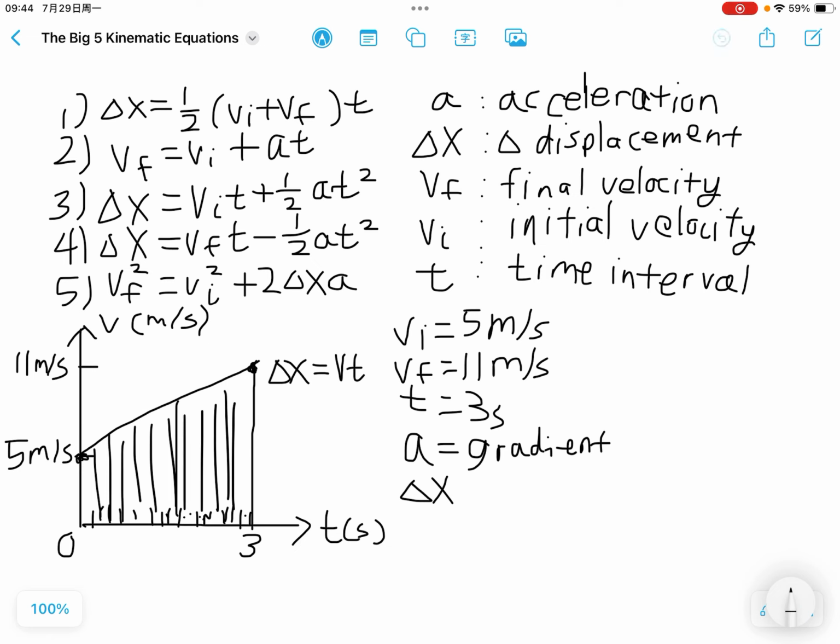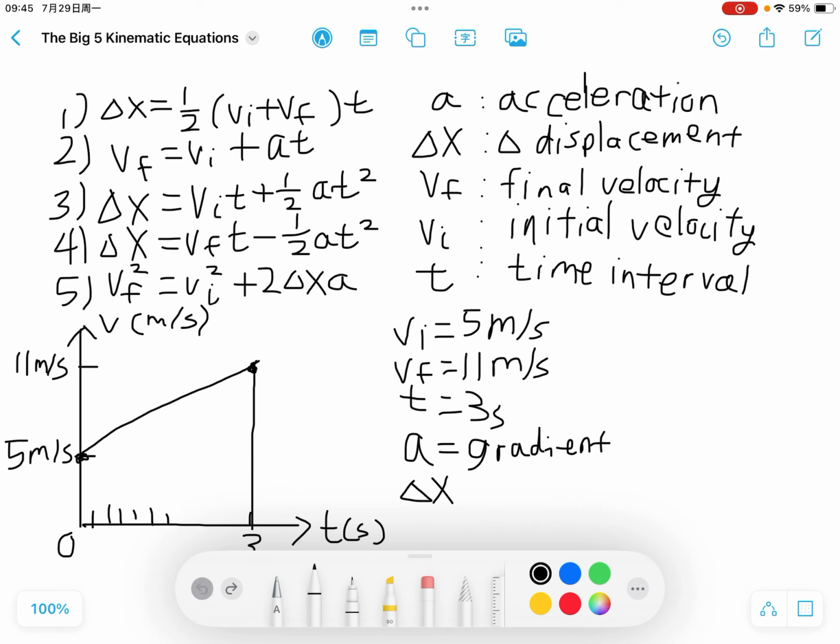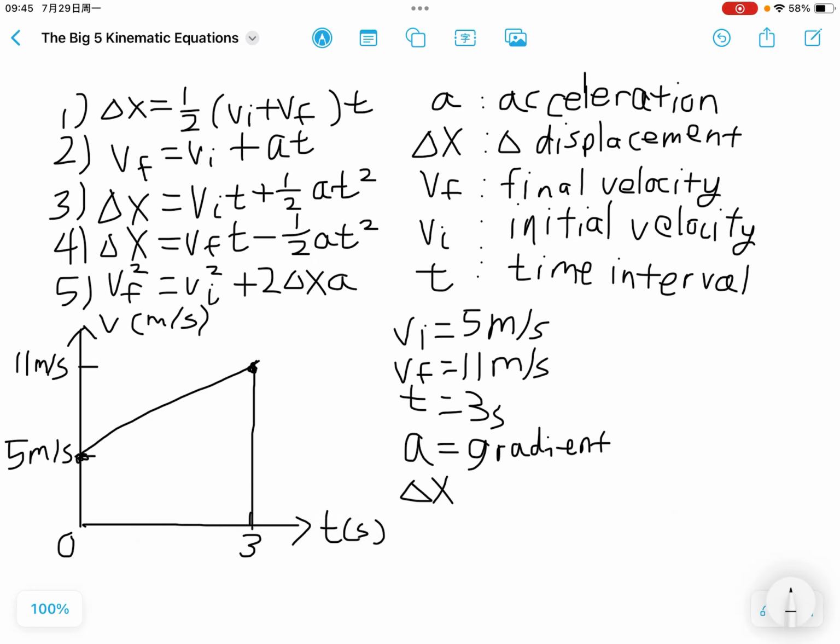So if you have all these tiny intervals together and you add them up, then you get the total distance that you've traveled, the displacement you have traveled. So if you add all the infinitely small changes in displacement in these infinitely small time intervals, then you get the change in displacement for the total time interval, 3 seconds. And what is the sum of all of these infinitely small changes in displacement?